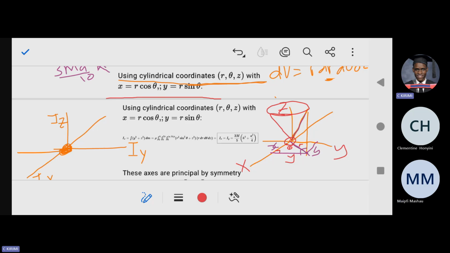Remember that one was our r before we converted it to a. That was the original radius before we converted it to a. So we are saying that radius there, r, can also be given as x in terms of r, y in terms of r. So using the cylindrical coordinates, r, theta, and z, now we want to integrate.